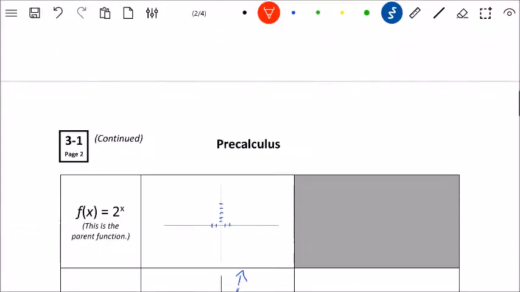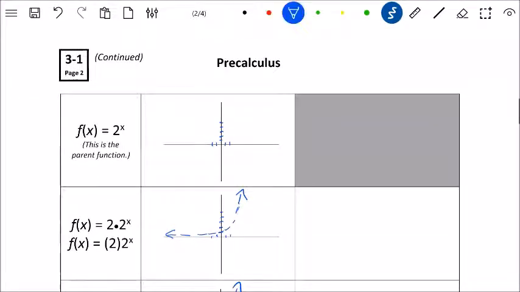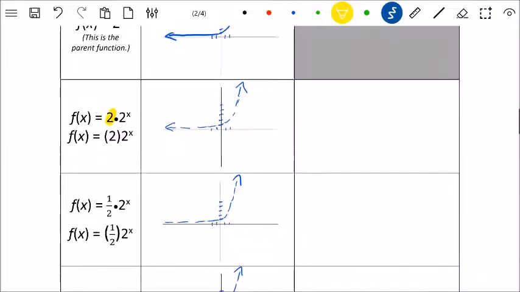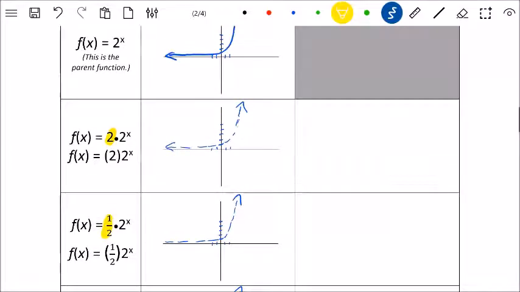Okay, and let's go on. The parent function again is going to look approximately like this. Now, what happens here when we multiply by 2, and then we'll go look at multiply by 1/2. Okay, so this one's a stretch.